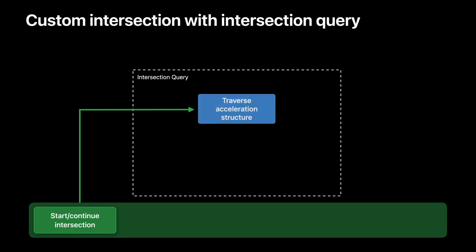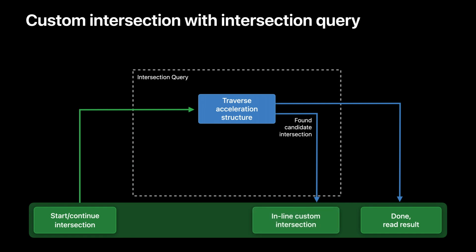With intersection query, when you start the intersection process, your ray traverses the acceleration structure, and the query object contains the state of the traversal and the result. Each time the ray intersects a custom primitive or a non-opaque triangle, control is returned to the shader for you to evaluate the intersection candidates.